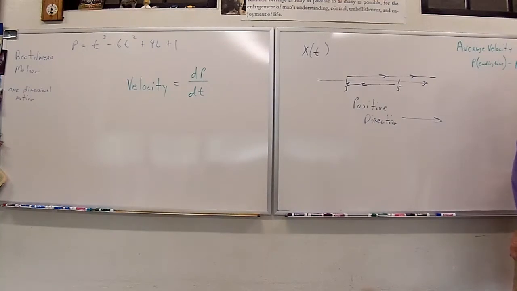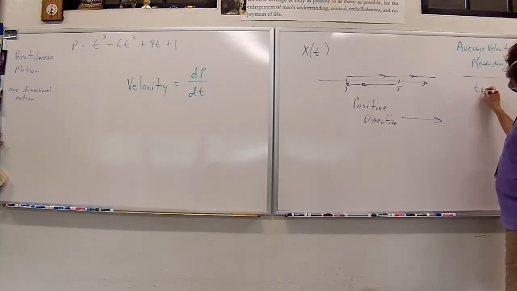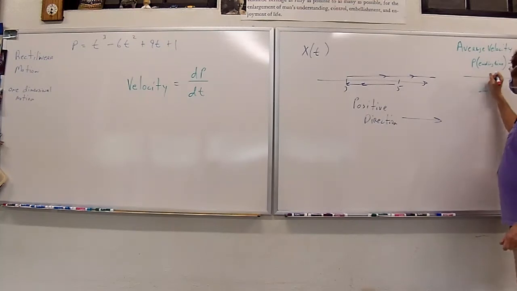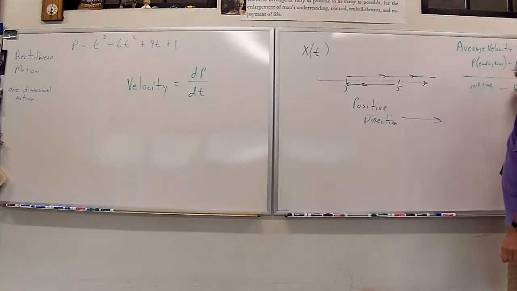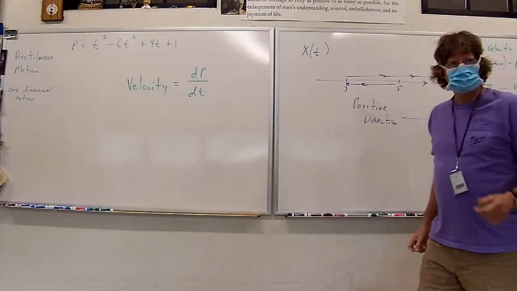Ran out of room. Divided by the change in time: T at the end and time at the beginning. End time minus beginning time. And that's how you get average velocity.